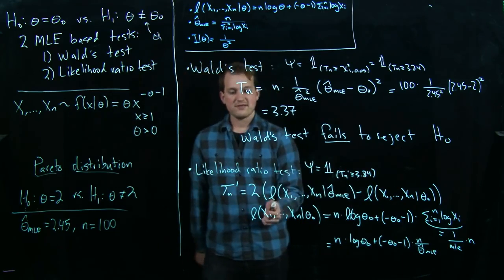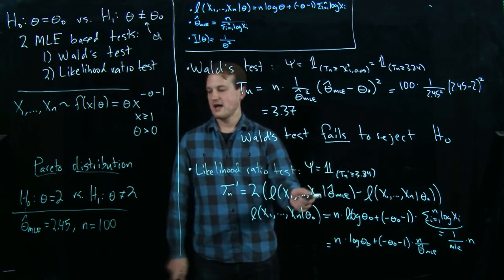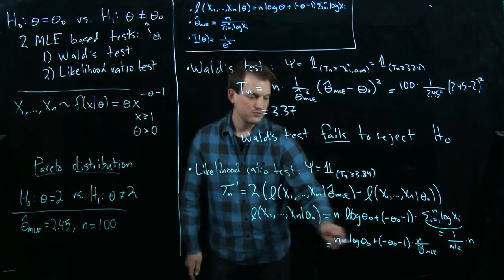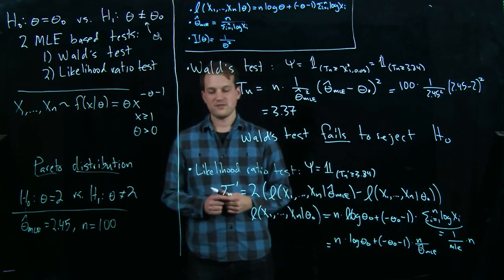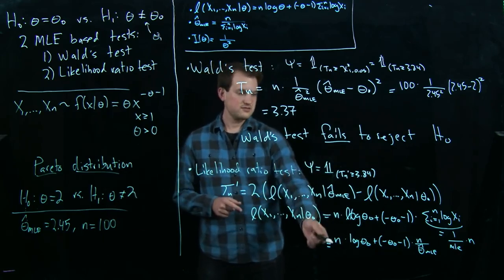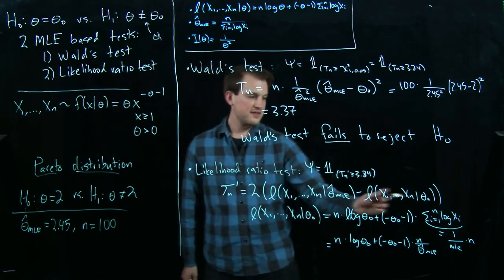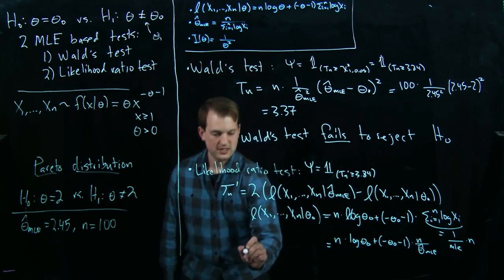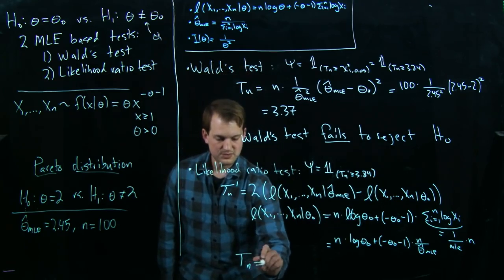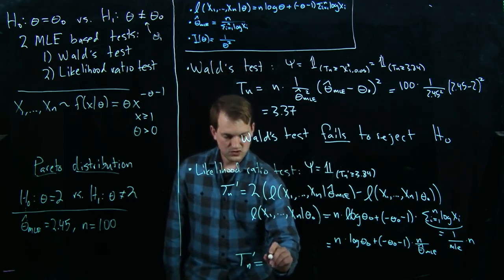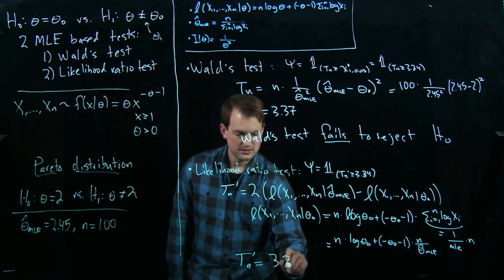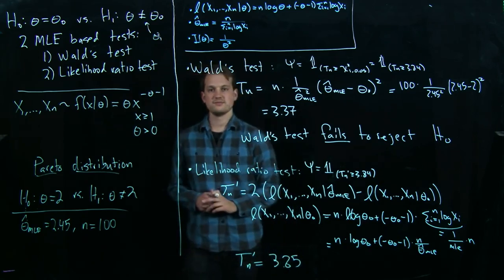So now let's plug in our values. We have theta hat MLE is 2.45, which you could plug in for theta naught in this expression. You have n equals 100, and theta naught will just be 2. If you plug this into your calculator, you'll find that Tn prime is 3.85.